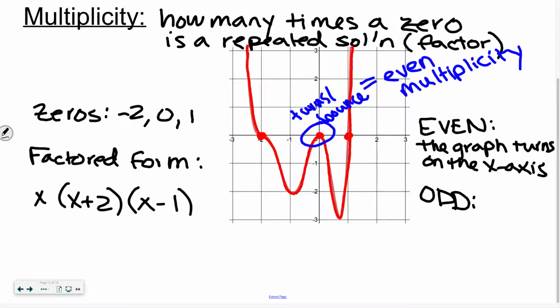So we're really going to need to keep our eyes open for that. Okay, it turns on the x-axis. If it has odd multiplicity, the graph crosses the axis.